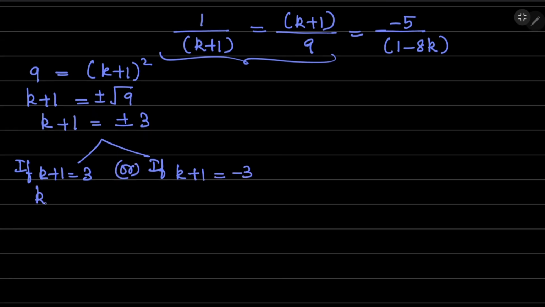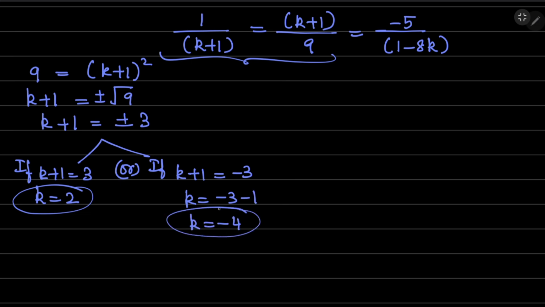In both the cases, let's find out what is k. K equal to 3 minus 1, which is 2. And here k will be equal to minus 3 minus 1. So k will be equal to minus 4. Right? Two values depending on whether k plus 1 is plus 3 or minus 3. Okay, we have first calculated two values of k from the first two ratios.